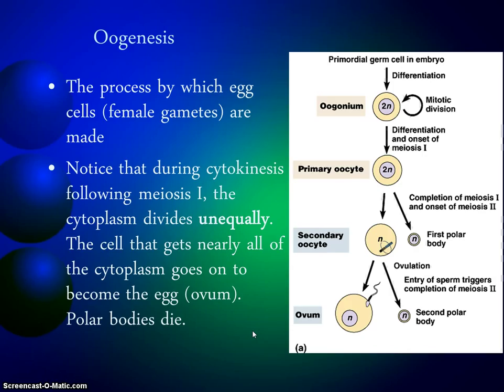The other ones are byproducts, called polar bodies. They get dumped and recycled. They're not used. So you only get one viable ovum at the end of oogenesis, or the production of your female eggs.